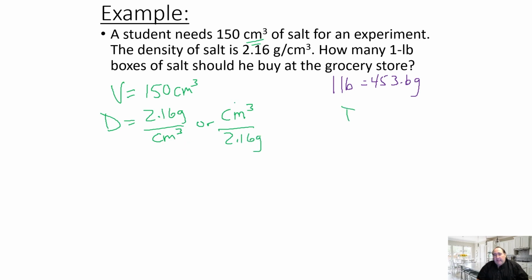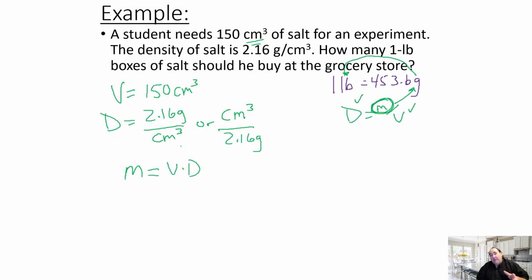So we're definitely using density as mass divided by volume. We have the density given to us. We have the volume given to us. So if you weren't sure what to do, mass would be good. And mass is in grams, which means we could then go from grams to pounds and figure out what we need. So we would rearrange this, and the mass would be the volume times the density.